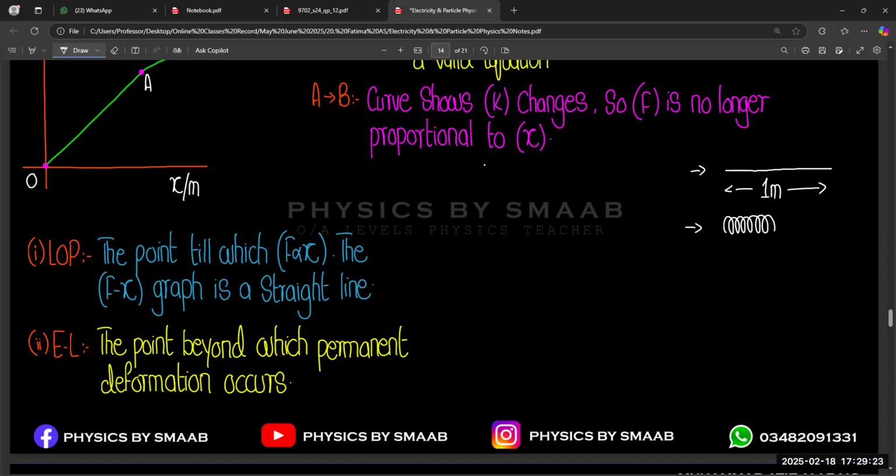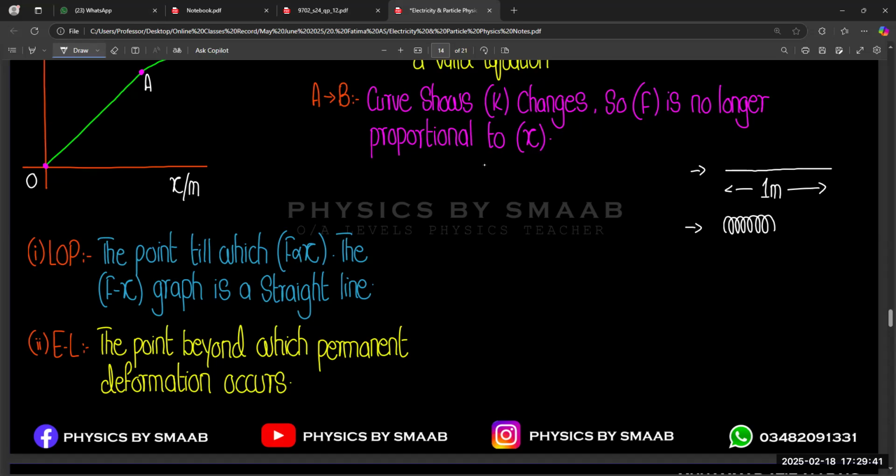And in option D, at its start, we follow Hooke's law, like force and extension are both directly proportional. And after that, graph D represents force becoming constant and extension automatically increasing at that force.